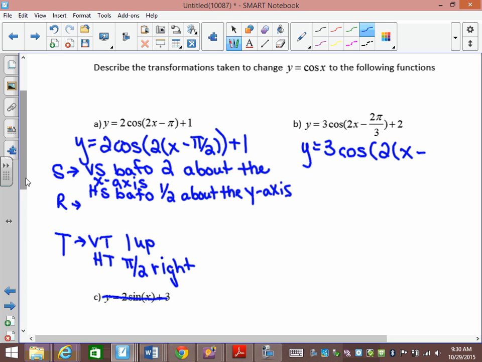When I divide by 2, it's like multiplying by a half, right? So right now I have negative 2 pi over 3. I'm going to multiply it by a half, which means I'm actually going to get negative 2 pi over 6, which is negative pi over 3. Plus 2.